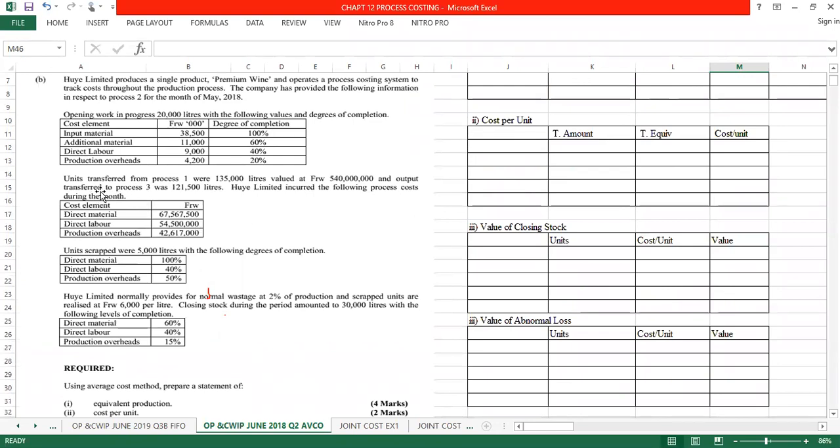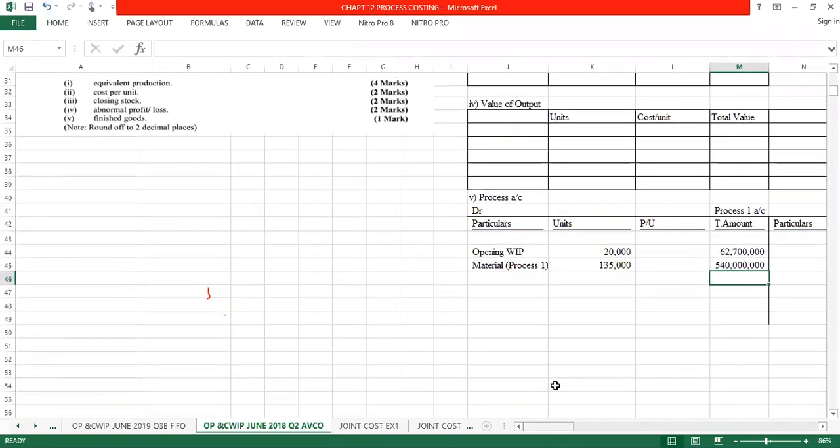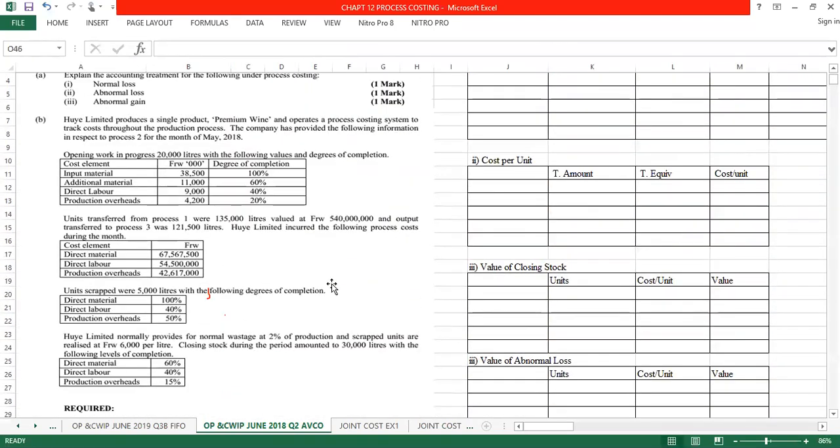And output transferred to process 3 was 121,500. I hope I've picked it well. Yes. The company incurred the following process costs during the month.